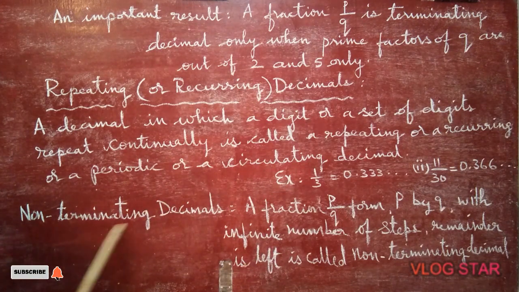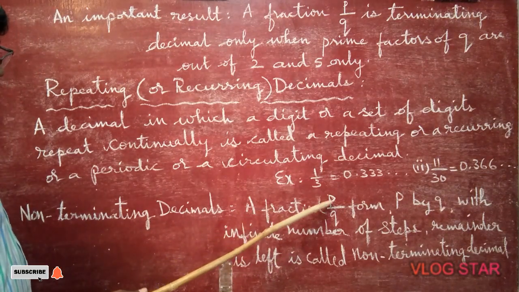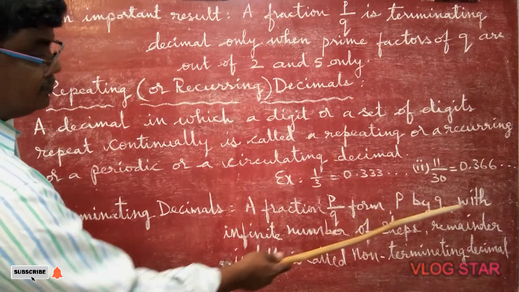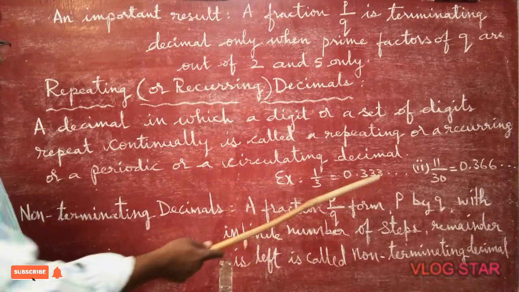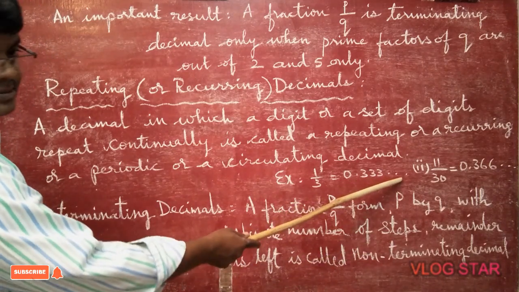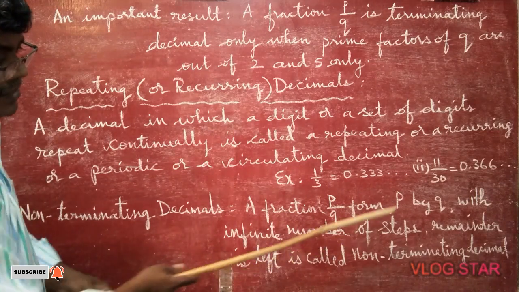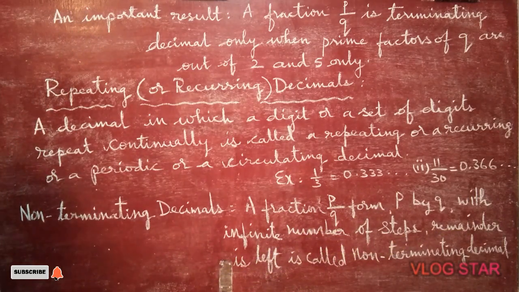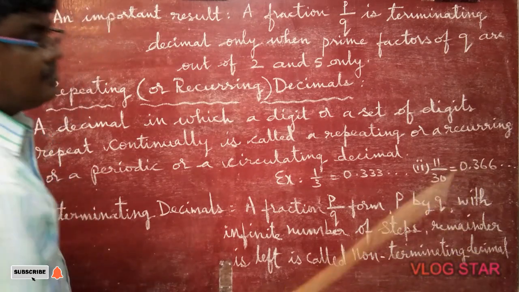Now the non-terminating decimal definition. A fraction in p by q form, when divided, goes on with an infinite number of steps, there is no end, and a remainder is still left, is called a non-terminating decimal.